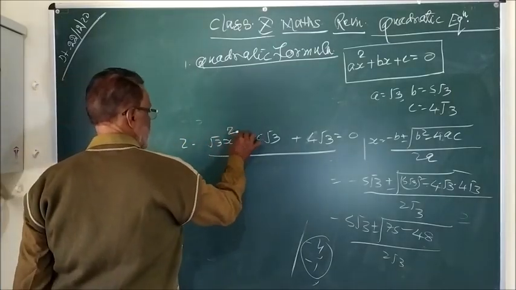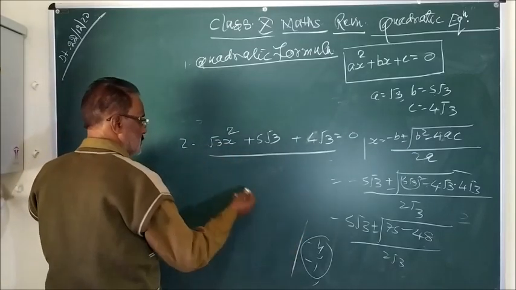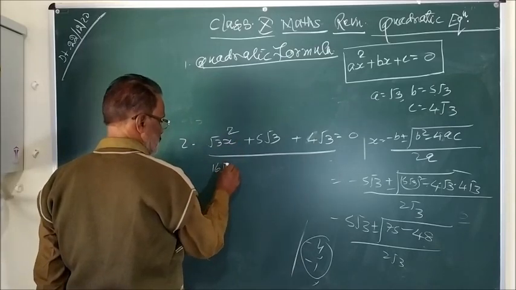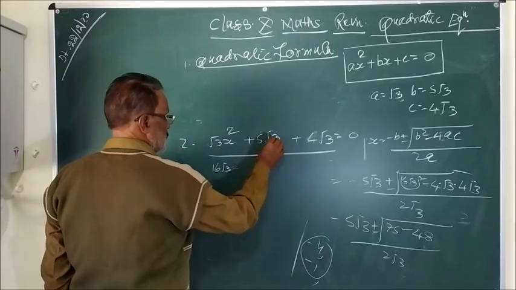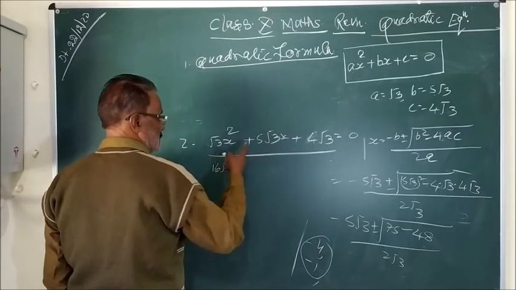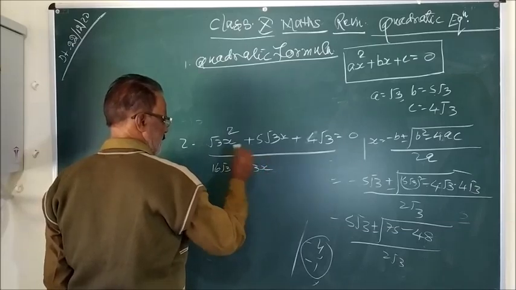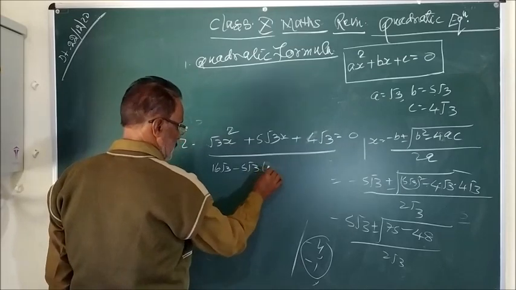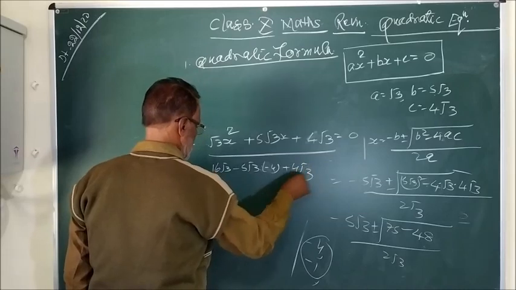If we want to check, on putting the value x is equal to minus 4, this will be 16 root 3, and this will be 5 root 3 x, with x equal to minus 4, and this will be plus 4 root 3.